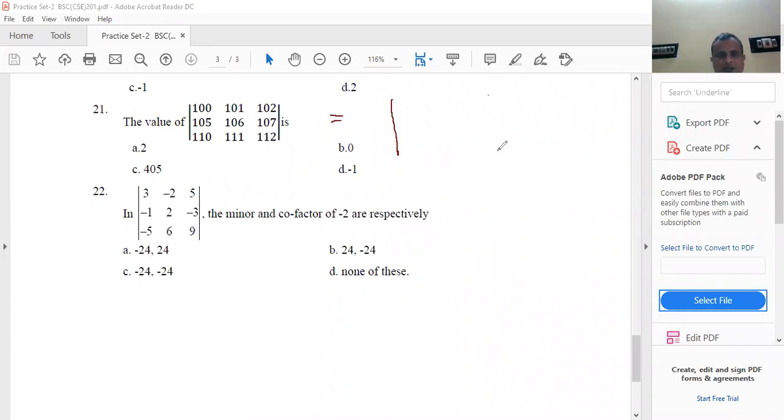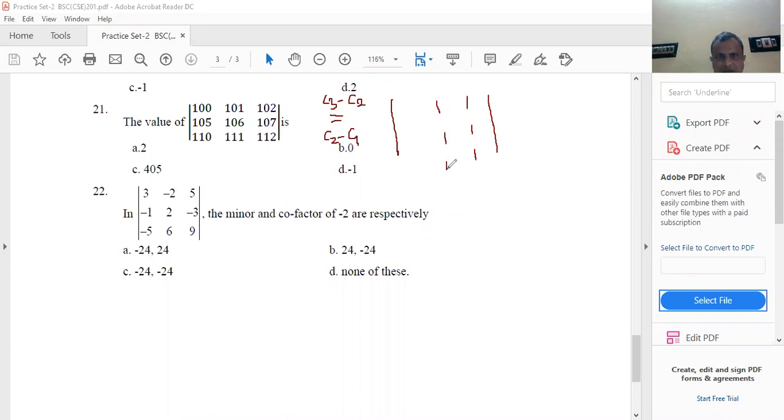If we use the operation C3 minus C2, the result becomes 1, 1, and 1. Similarly, if you subtract C1 from C2, this result also becomes 1, 1, and 1.